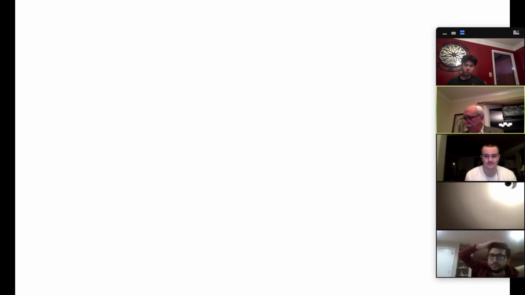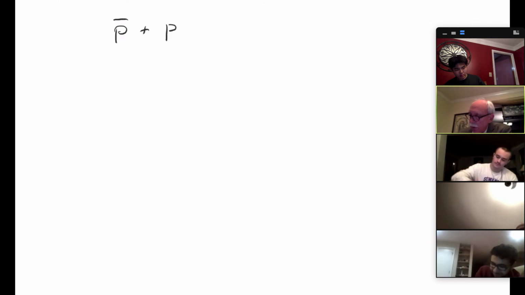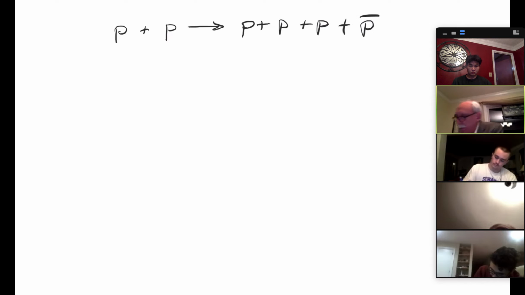Let me just do something real quick here. Suppose I wanted to produce from a collision of 2 protons. I want to do that. Is the number conserved here?